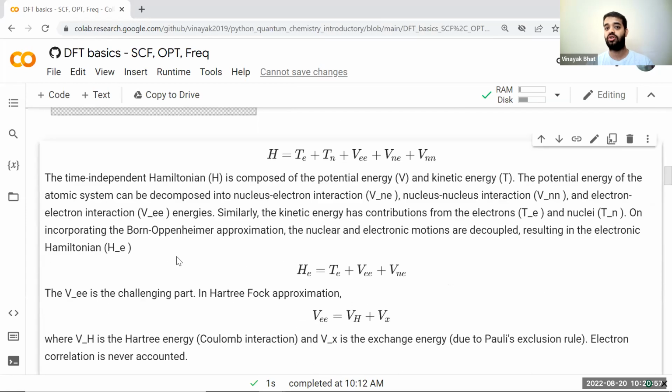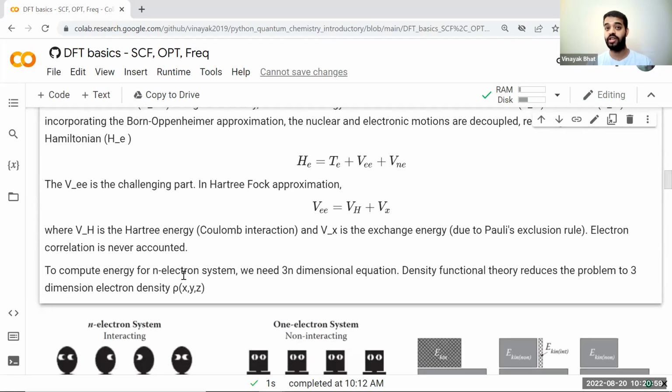So if you are solving, for example, a 10 electron system, we would need a 30-dimensional equation, because you have X, Y, Z for each electron. So if you have 10 electrons, you have a 30-dimensional equation that needs to be solved.